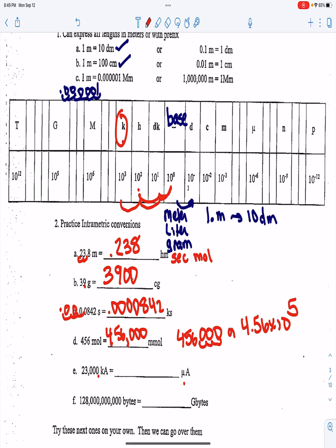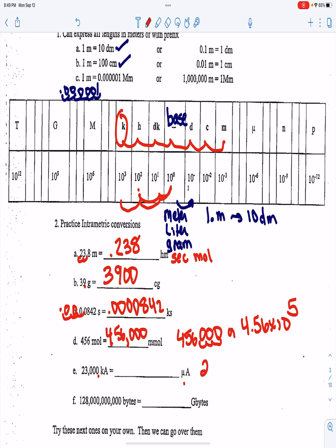So I'm going to go 1, 2, 3, 4, 5, 6. I'm not done yet because there's 3 places between milli and micro. So 6 plus 3 is 9. So I'm going to move my decimal 9 places to the right.